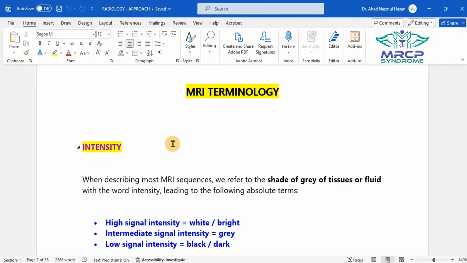Then there is another terminology known as enhancement. Enhancement is an increase in the signal intensity in a specific area following the injection of a contrast material. So sometimes we need to go for the contrast MRI. Whenever contrast is used in MRI, it will show increased signal intensity or hyperintensity.